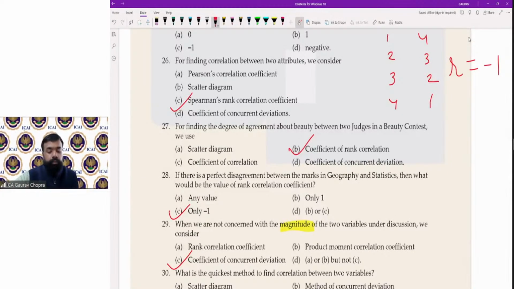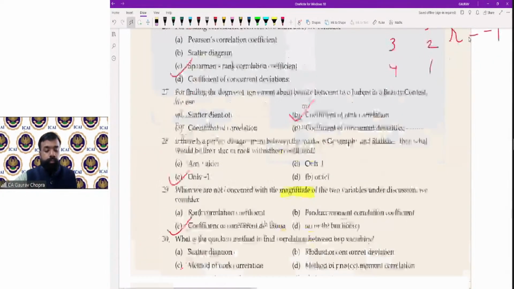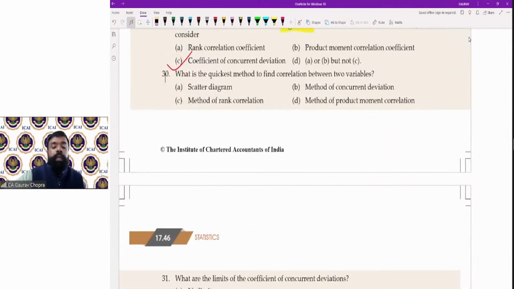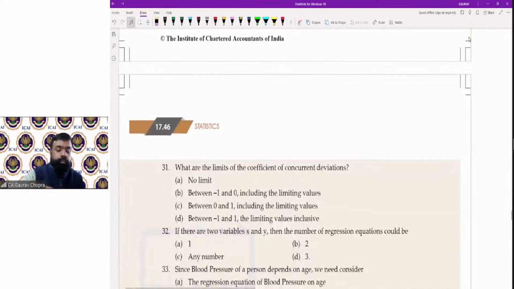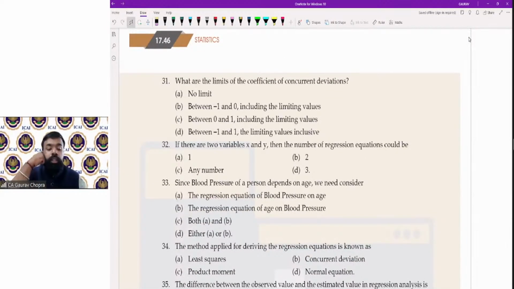Option number C. Quickest method to find correlation: since we do not have to calculate deviations, the calculation becomes very fast and easy in the case of concurrent deviation. Option number B. Then what are the limits of the coefficient of concurrent deviation? That means the limits of R are asked. It is again the same, -1 to +1, both inclusive.